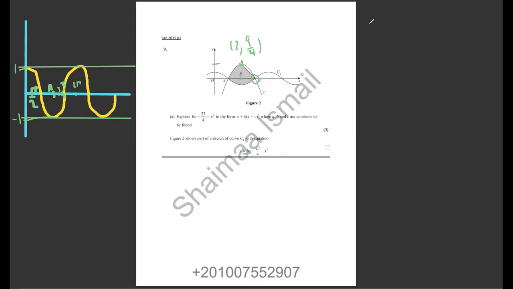So what we do, to get the intersected points A and B, y equals negative x squared plus 6x minus 27 over 4.